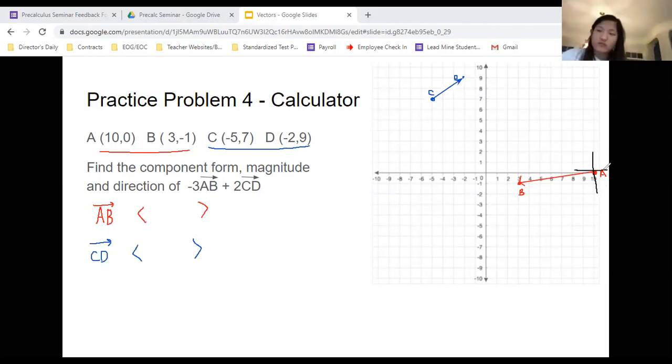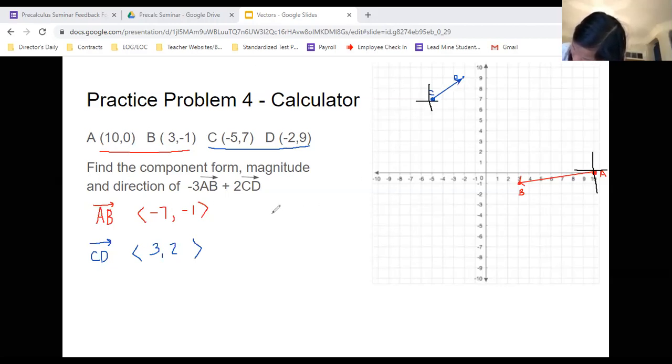So if A is my new origin, the components of my vector AB are negative 7, negative 1. And same thing with C. I'm going to make C my new origin and find the components there, and that is going to be 3, 2.